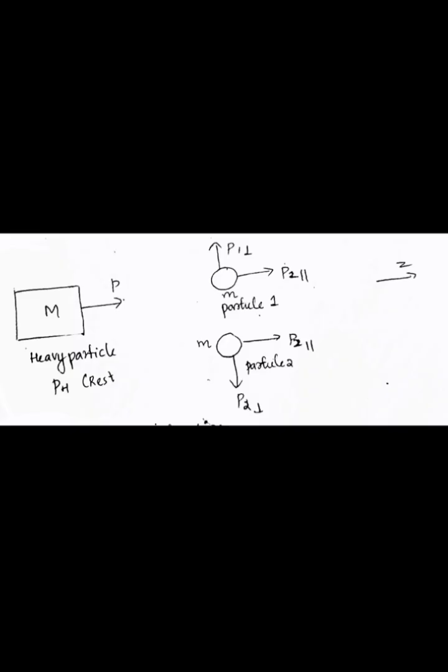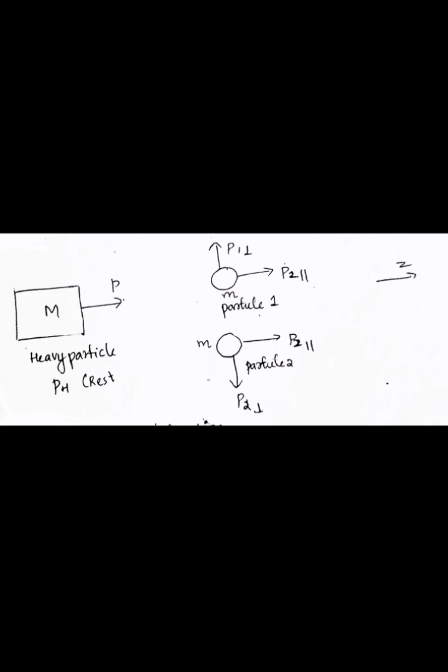Here the heavy particle is having the mass capital M and momentum p. It is at rest. It is decaying into two particles of mass small m. These particles are having momentum. Taking the components of this momentum of these particles, we get P1 perpendicular, P2 perpendicular, P1 parallel, P2 parallel.